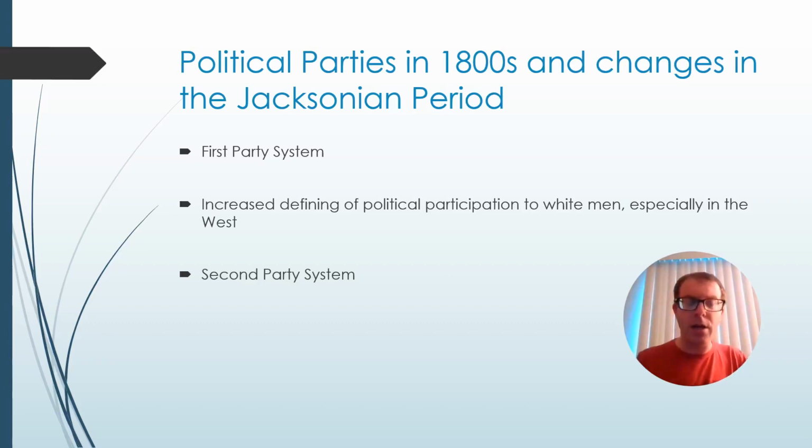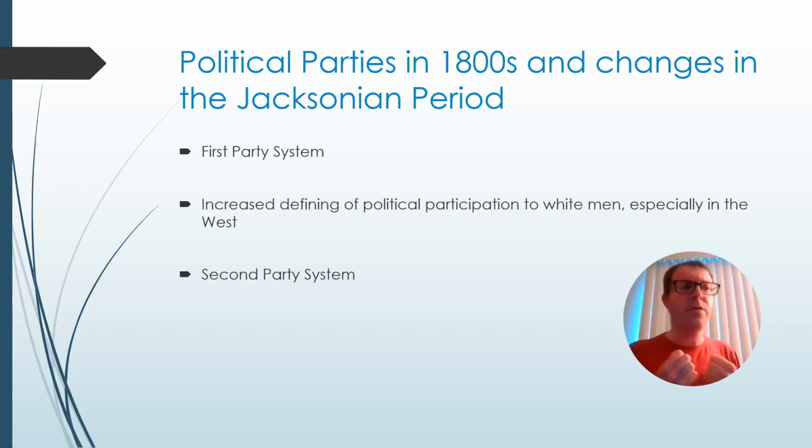And so this is how voting becomes both racialized and also restricted by gender. And so, ironically, as the voting population expands, the kinds of people who could vote get narrowed.